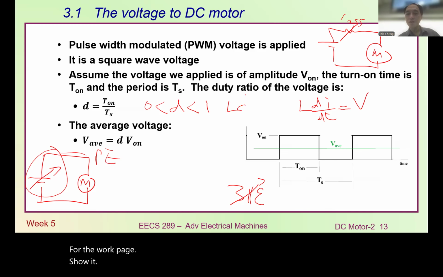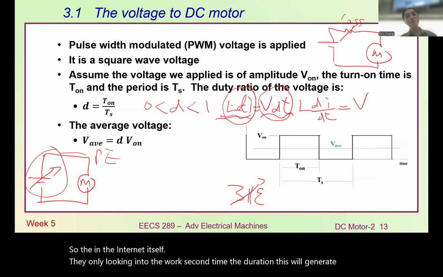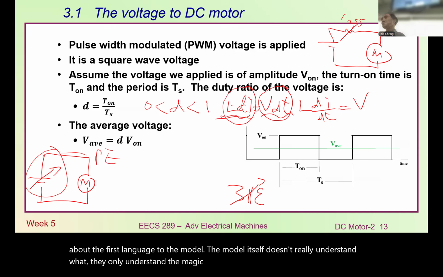The inductor only looks into the volt-second, voltage times the duration. This generates the flux linkage of the motor. The motor itself doesn't really understand voltage. They only understand the magnetic flux, the total flux linkage of the motor.